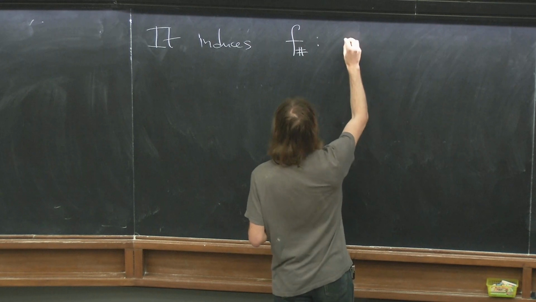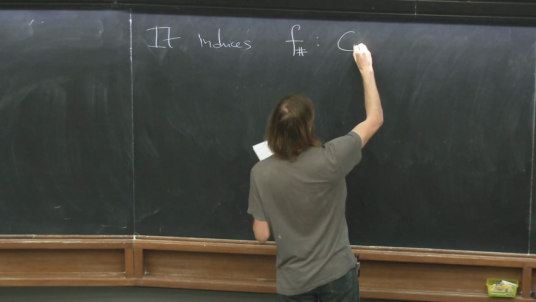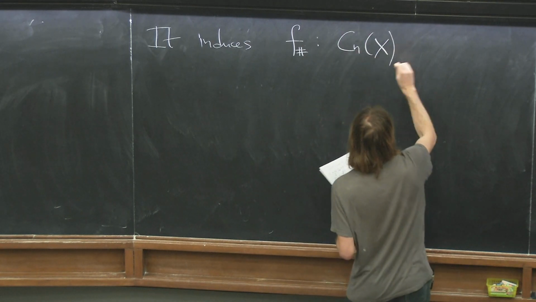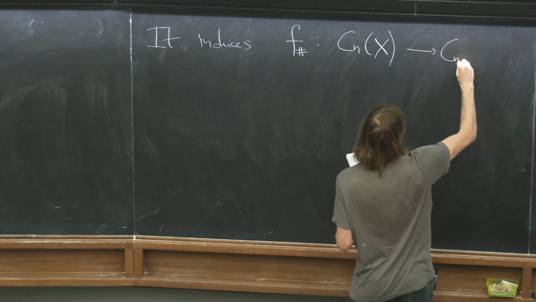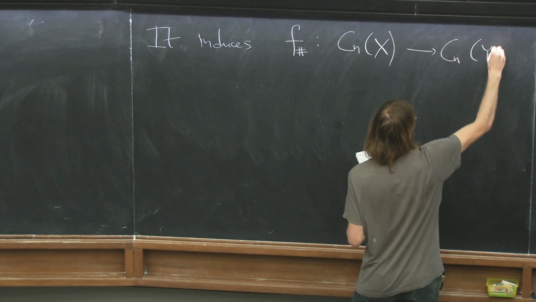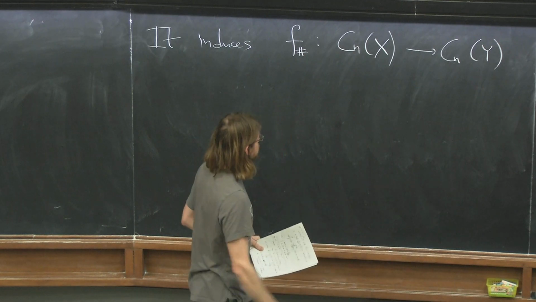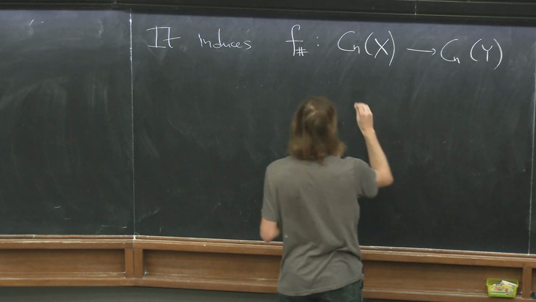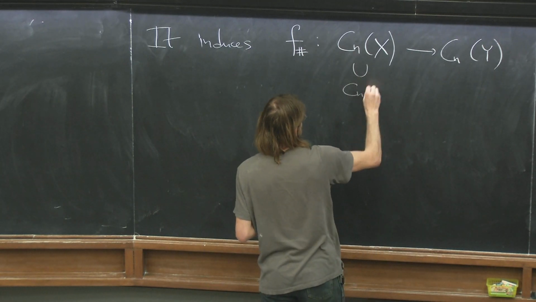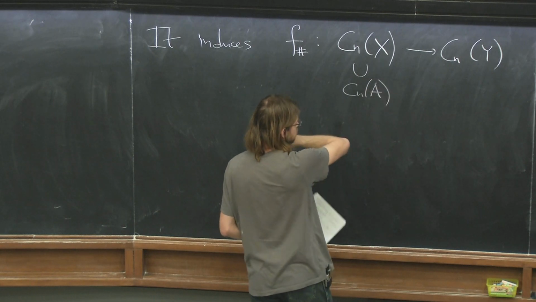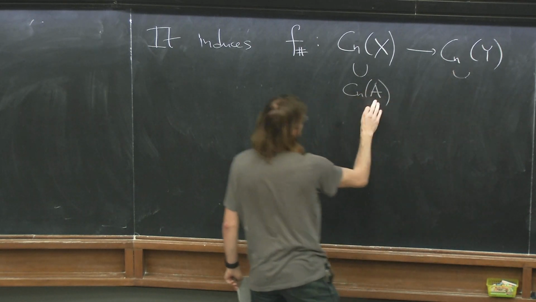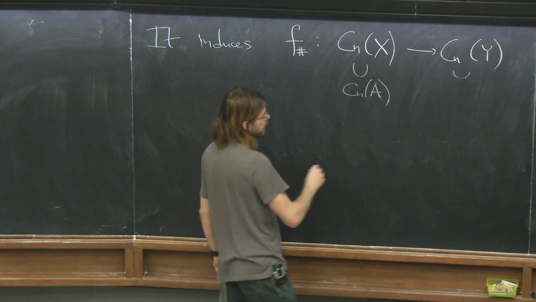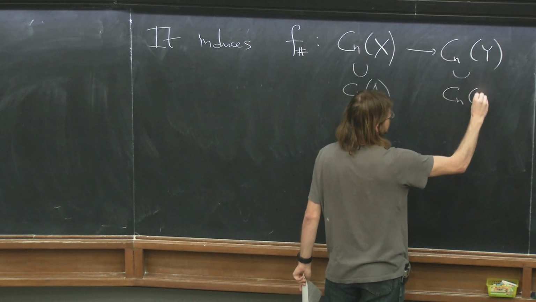We already know that any map between topological spaces induces a homomorphism between the corresponding chain complexes. So this is what we had before. But now we can consider this subgroup of chains in A, and here we can consider the subgroup of chains in B.